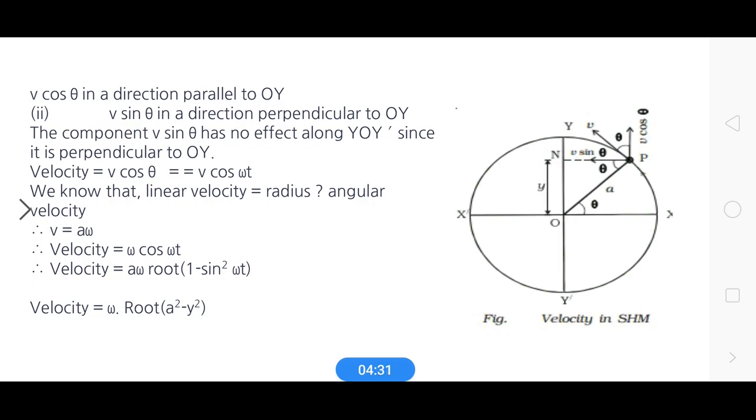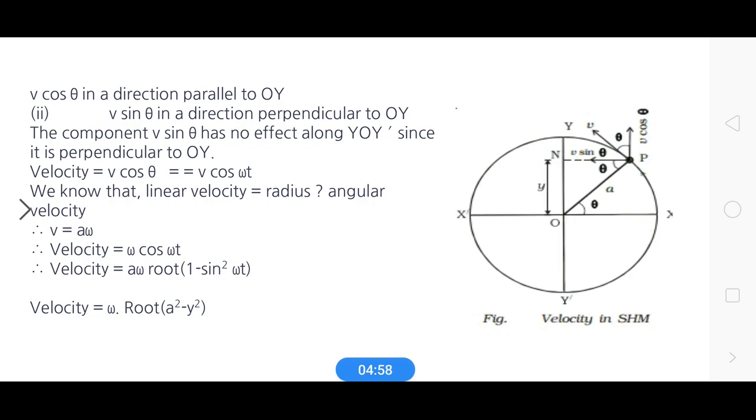As we know from the derivation, that is the projection of the particle executing SHM, for one complete rotation of the particle, the foot of the perpendicular makes one to and fro motion, that is one complete oscillation along the vertical diameter.